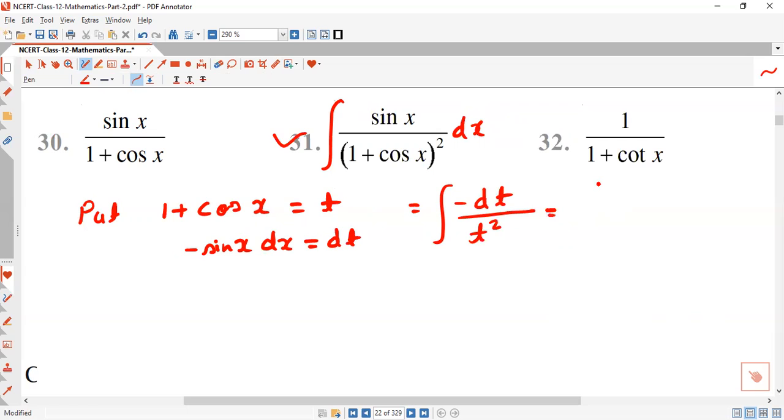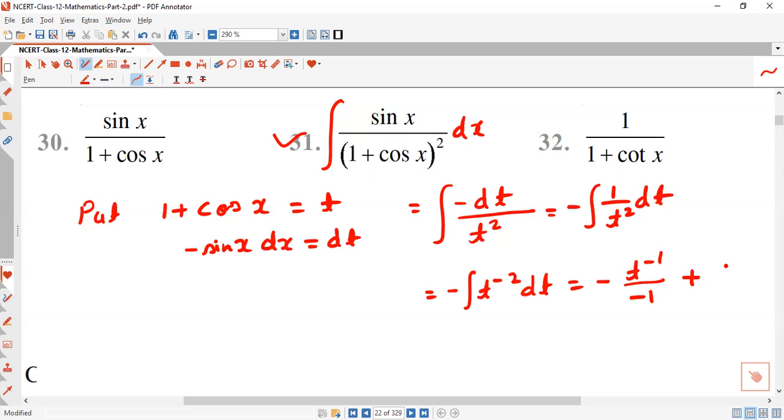So you can say minus integration of 1 upon t square dt. We can write it as minus t raised to minus 2 dt. We do the integration now: minus t raised to minus 1 divided by minus 1 plus some constant c. This minus 1 sign and this minus sign will be cancelled out.